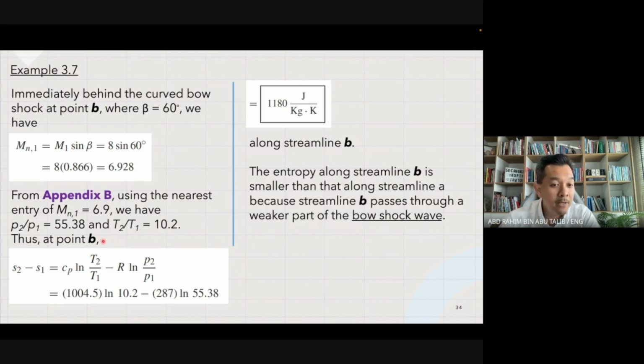Thus, at point B, you put inside the temperature ratio and pressure ratio values, and you will get S2 minus S1 along streamline B equal to 1180 joule per kilogram Kelvin. So the entropy along streamline B is smaller than the entropy along streamline A, because streamline B passes through a weaker part of the bow shock wave.